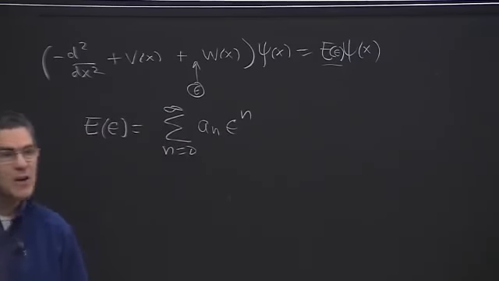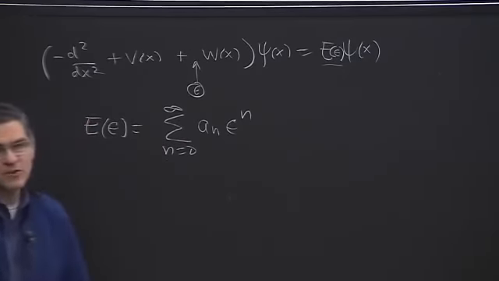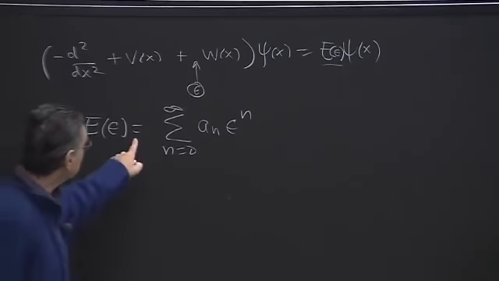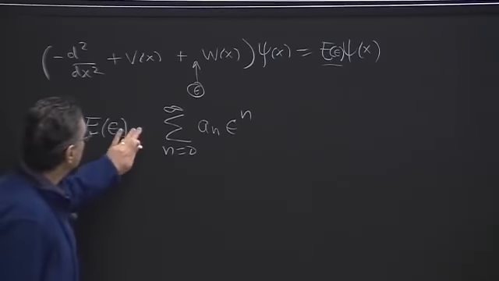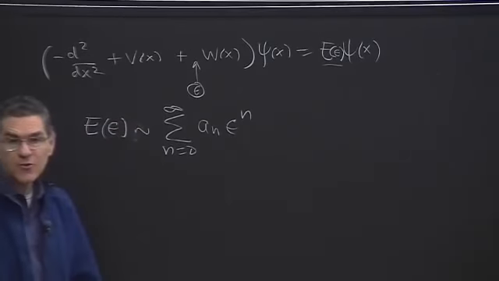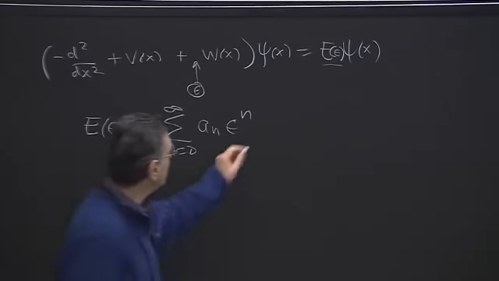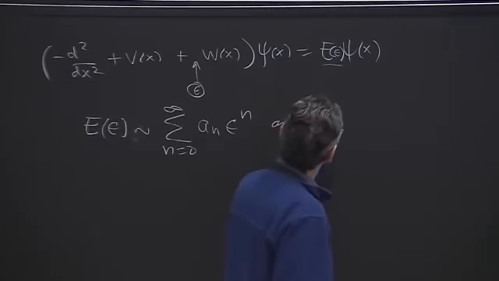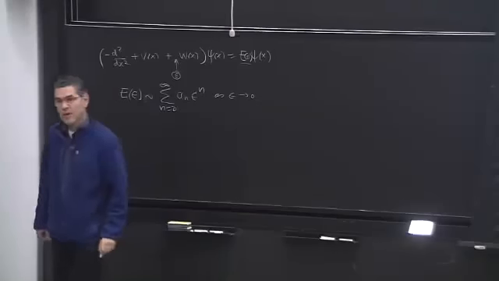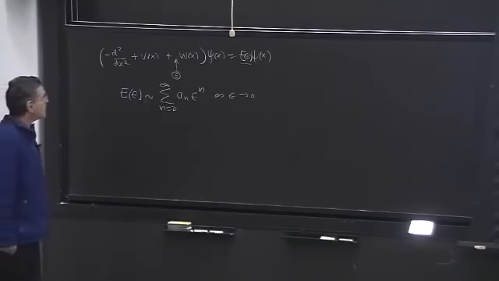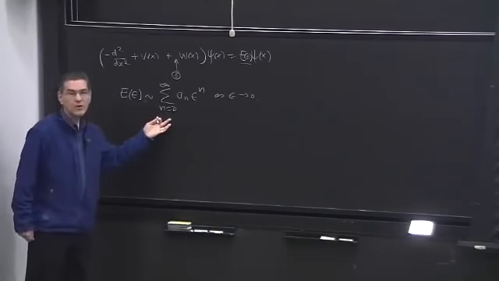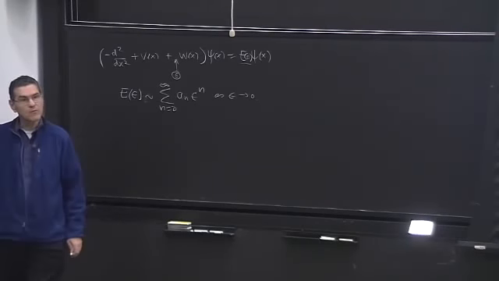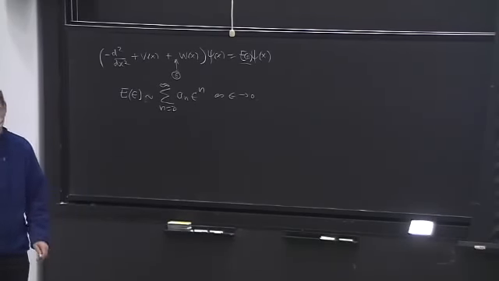And to our shock, we find out that the series is a divergent series, so the equal sign is not right. So we have to replace this by an asymptotic sign as epsilon goes to 0. And now that we have a divergent series that represents the answer we're looking for, what do we do?